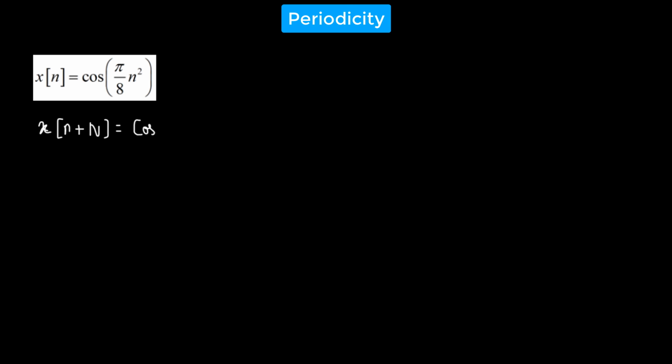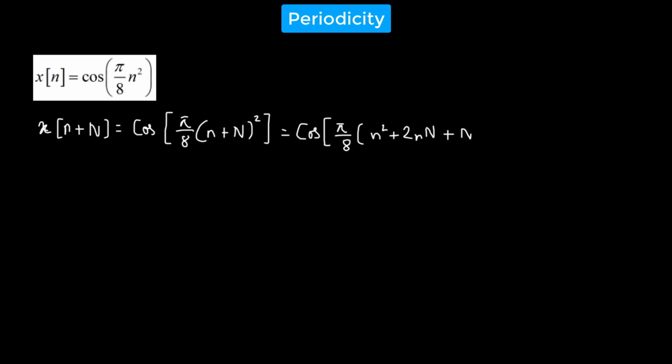So we have cosine of pi over 8 multiplied by n gets replaced by small n plus capital N squared, which is equal to cosine of pi over 8 multiplied by n squared plus 2 small n times capital N plus capital N squared, which is equal to cosine of pi over 8 n squared plus pi over 8 times 2nN plus N squared. So this is the value of x of n plus N.